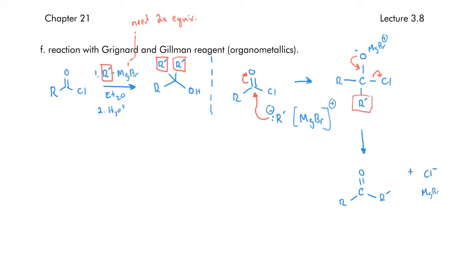So we have a ketone with an R and an R prime, and we have two equivalents of the Grignard reagent. So there's another R prime with a negative charge, a nucleophilic R prime. That's going to attack the carbonyl carbon, break the pi bond, and form another tetrahedral intermediate.